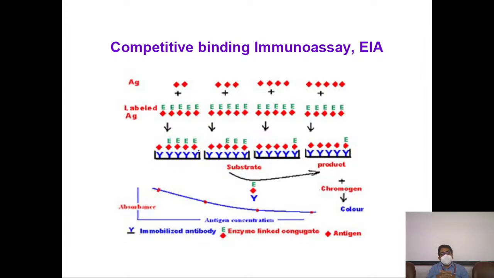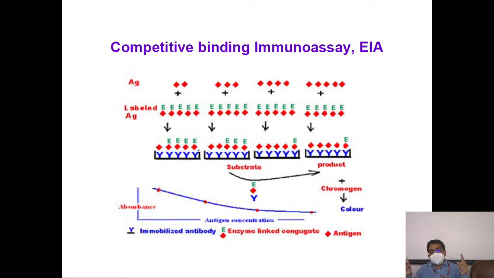Now we add the antibody. If less of the antigen is there in the sample we are detecting, the labeled antigen will bind more to the antibody, and because enzyme is there, more substrate will be broken down, more colorimetric reaction, more absorbance. So if high absorbance value, less of the antigen is there in the serum sample.